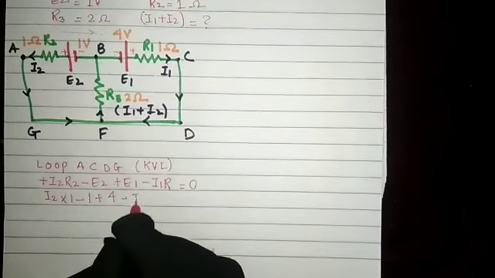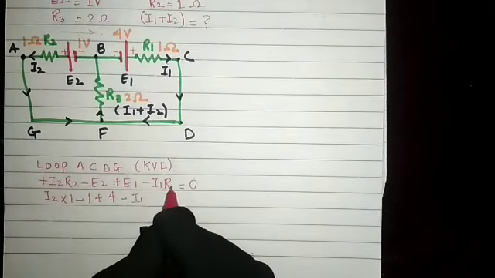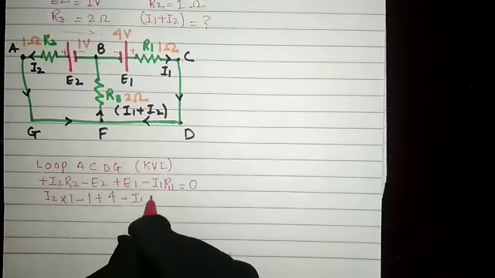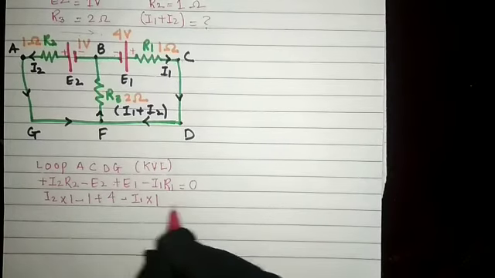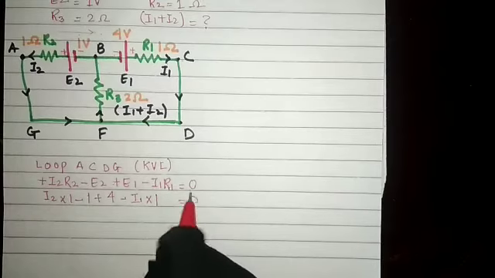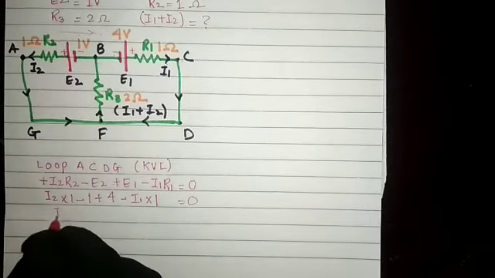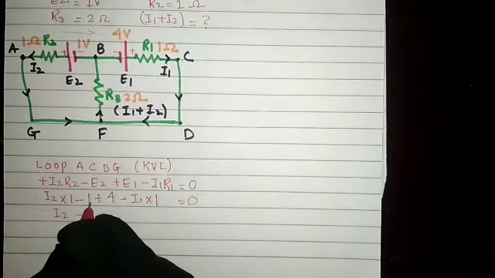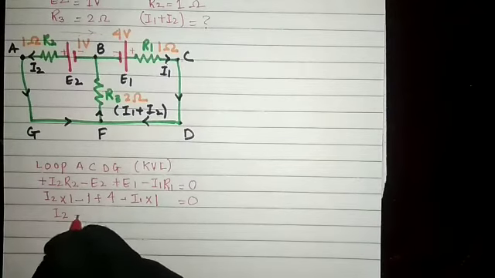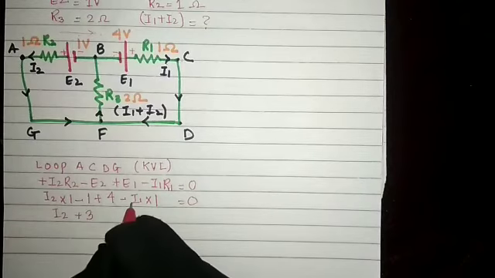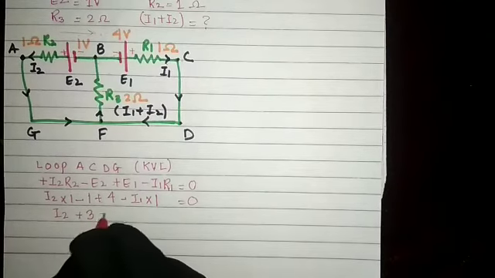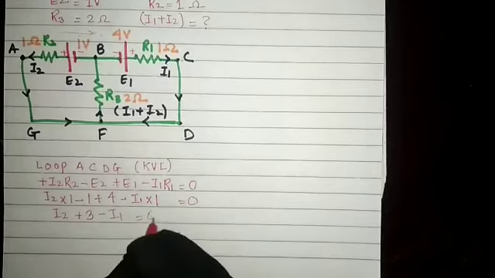Minus I1, we don't know, but R1 is 1 ohm. So finally we have I2 into 1, that is I2, minus 1 plus 4, that is plus 3, minus I1 into 1, that is minus I1, equal to 0.